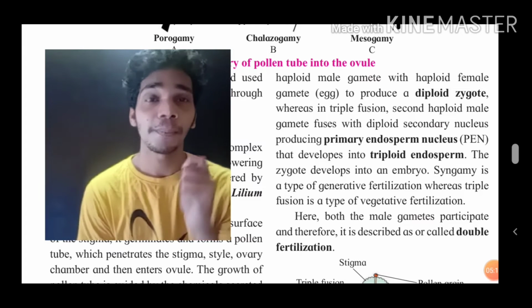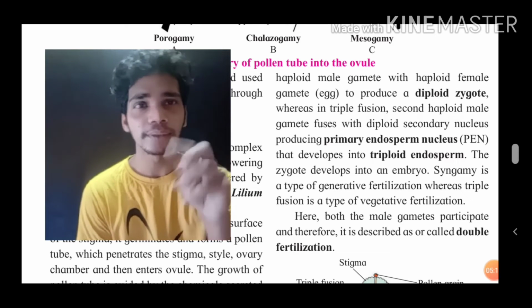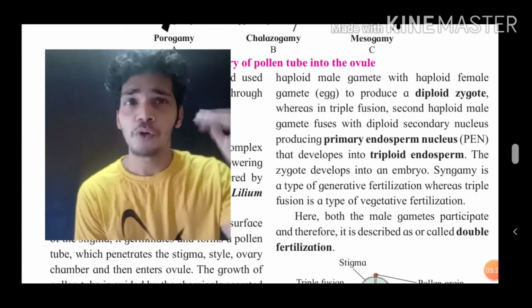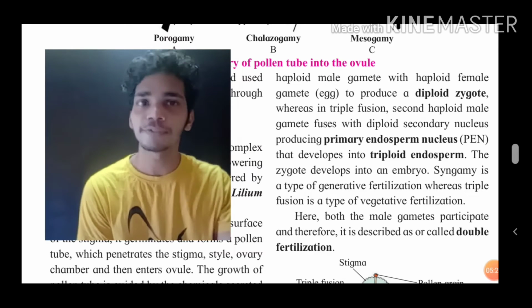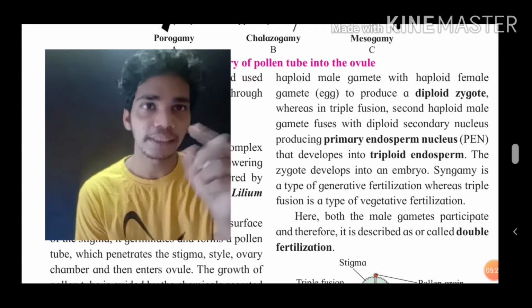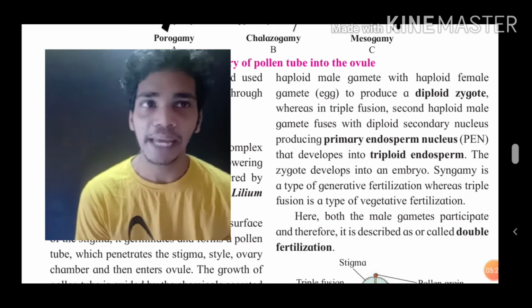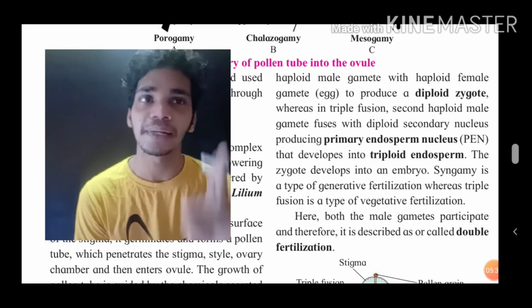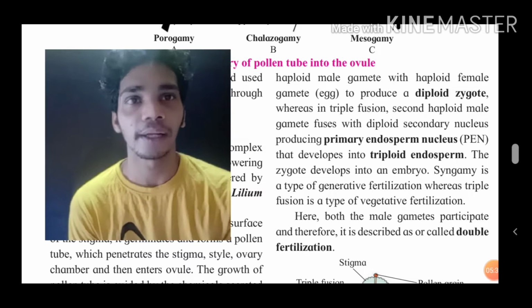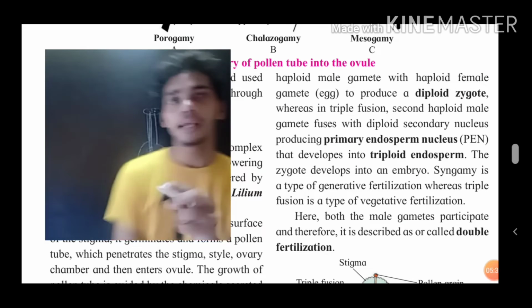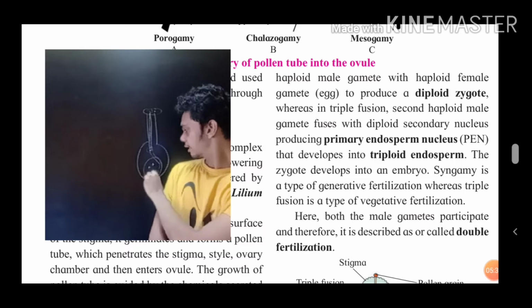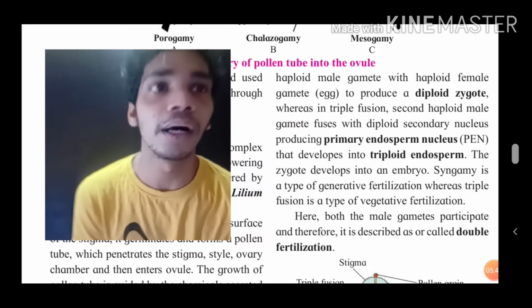But in megasporogenesis, a diploid cell undergoes meiosis to form a haploid cell, and then it further forms this. So both male and female are haploid right now. So a haploid male gamete with a haploid female gamete, that is the egg, produces a diploid zygote. One male gamete fuses with the egg cell to form a diploid zygote over here.